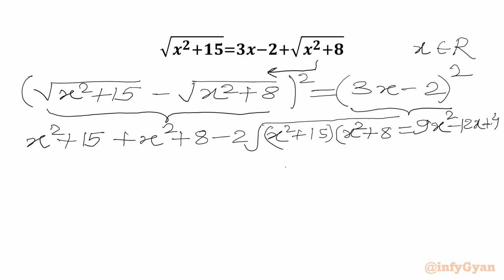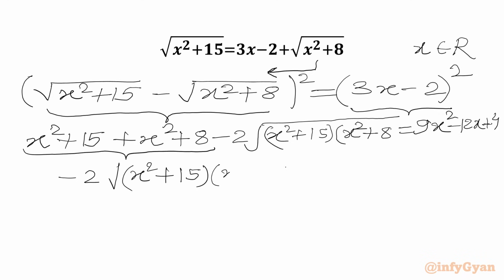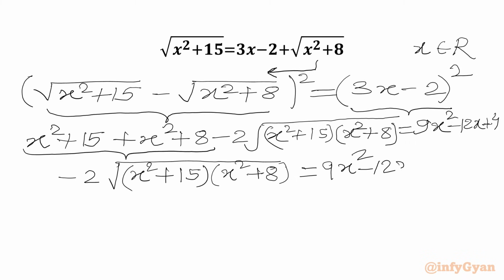Now we will take these terms to the RHS. So this is 2x square plus 23. So we can write minus 2 times square root of x square plus 15 times x square plus 8 will be equal to 9x square minus 12x plus 4 minus 2x square minus 23.